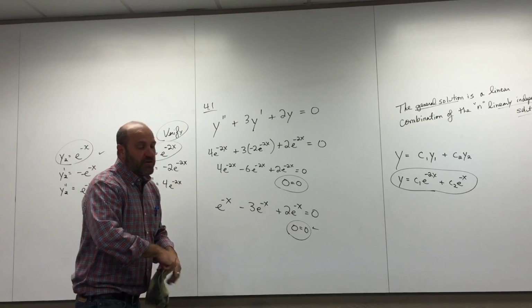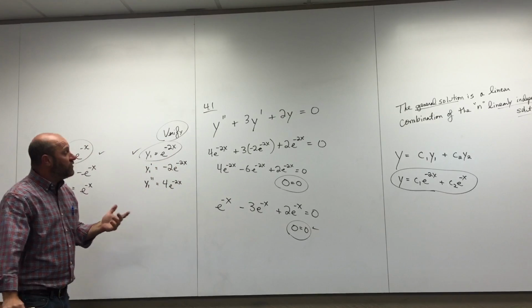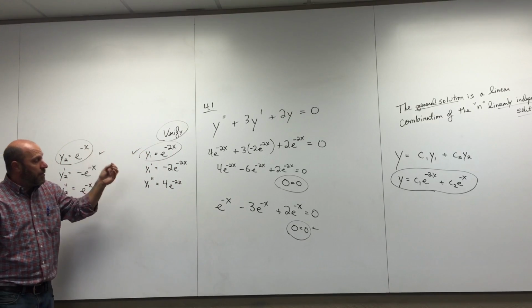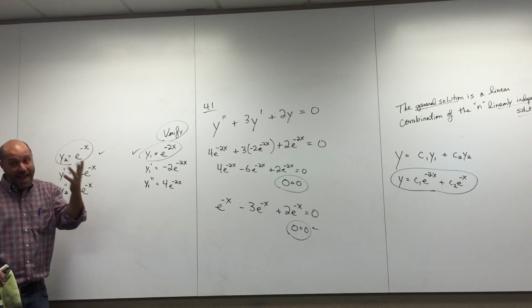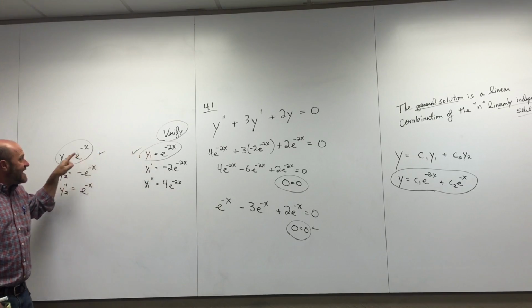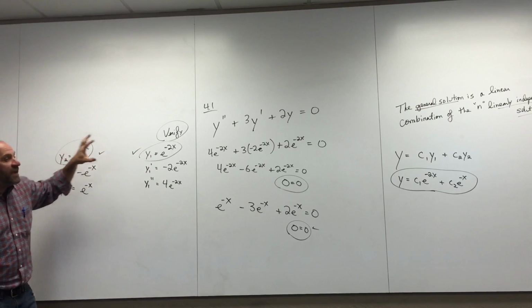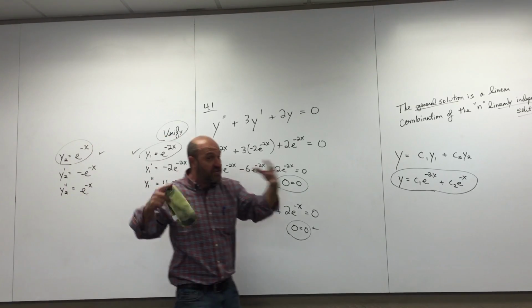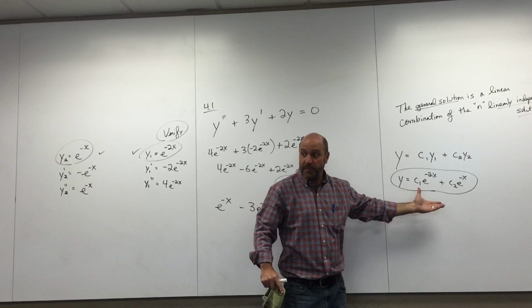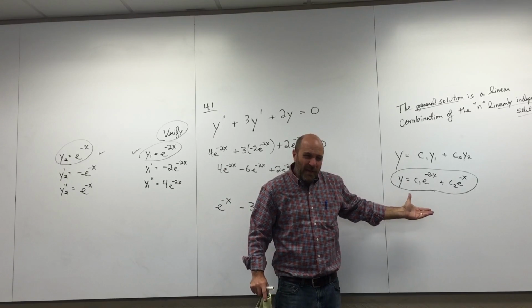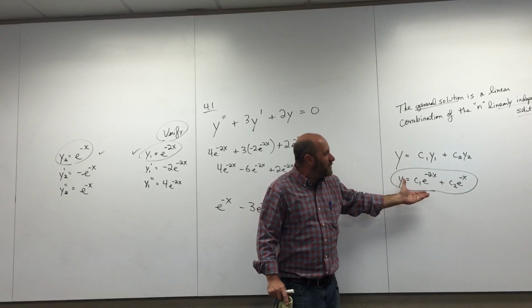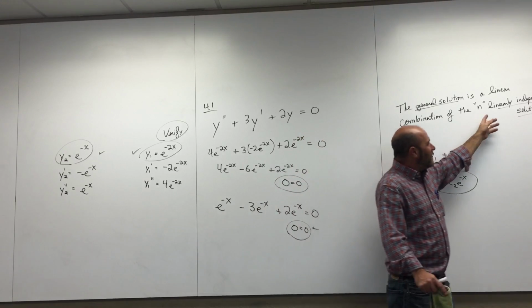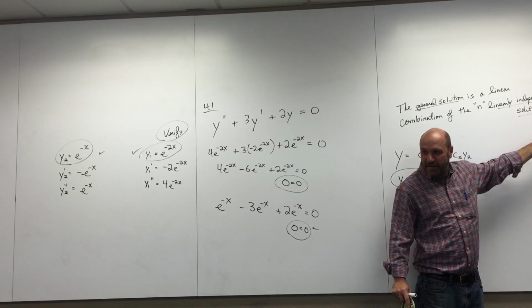But when we do start to solve them, this is what we're looking for: we're looking for n linearly independent solutions. Once we find all these independent solutions, then we'll write the general solution like we did. So we have to learn what this means. What does it mean to be linearly independent?